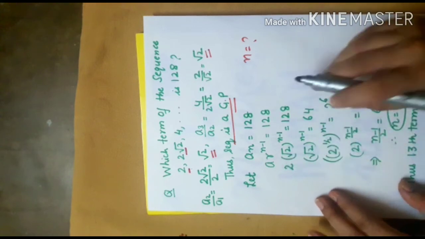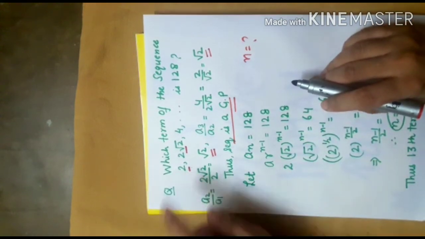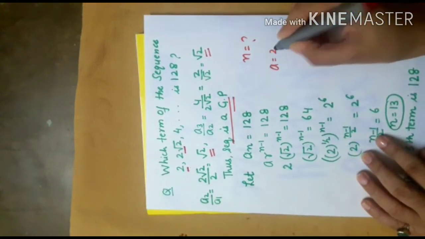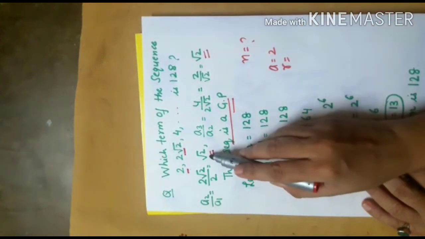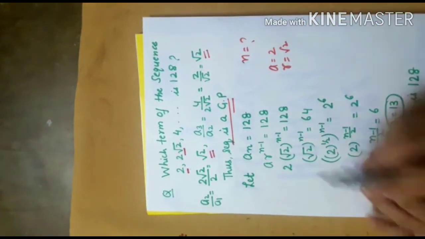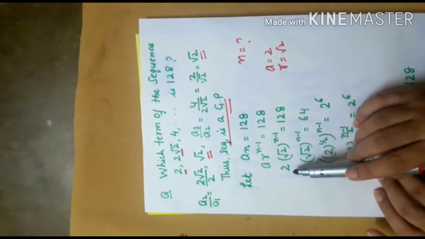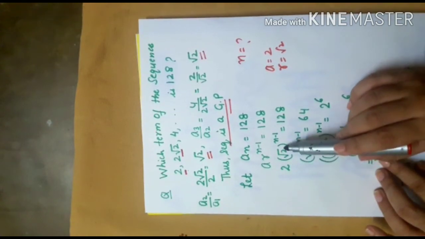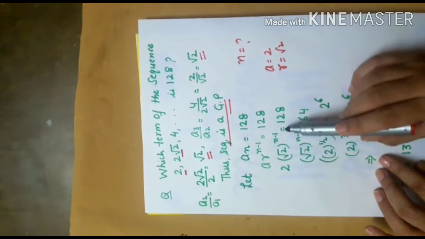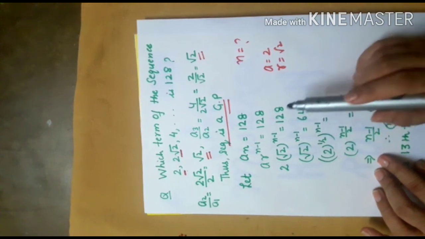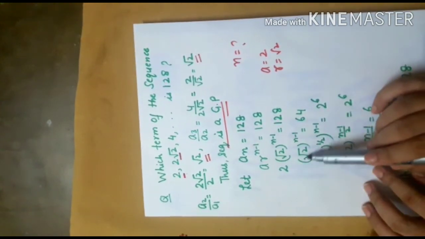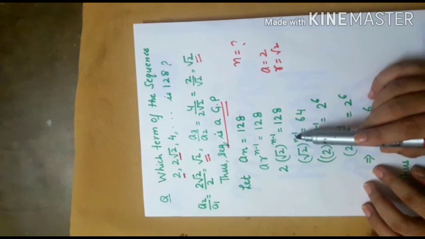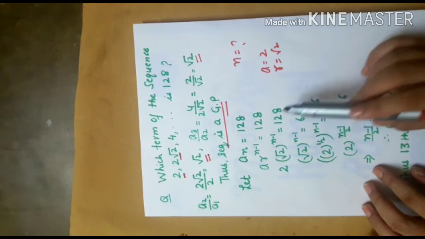Now the first term of the GP is 2, a is 2 and the common ratio is root 2. So substitute the values. I'll get 2 into root 2 raised to the power n minus 1 equals 128. So I'll get root 2 raised to the power n minus 1 is 64.